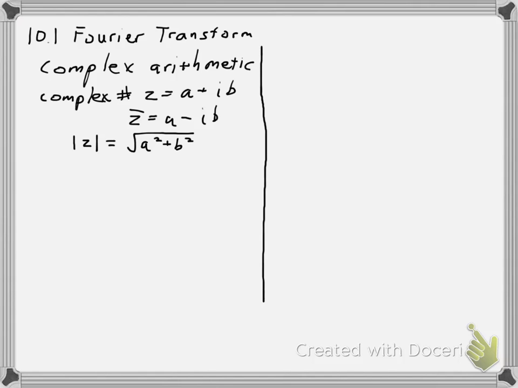In addition to this, I'll also be talking about Euler's formula, which is helpful in proving some results about complex numbers. Euler's formula goes: e to the i theta equals cosine theta plus i sine theta.